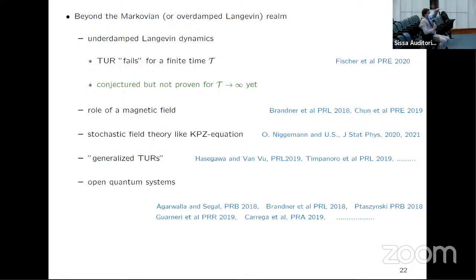No, I mean, well, the underdamped dynamics is already non-Markovian if you look at it from the perspective of just the position. So there the diffusion matrix is singular, and therefore this proof doesn't work. Okay, thank you. Actually, the stochastic field theory I should not mention under the non-Markovian case.